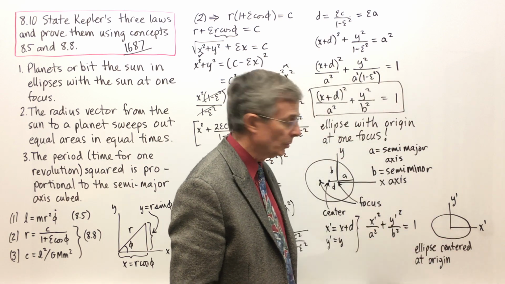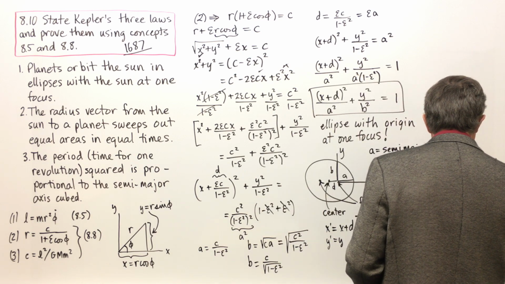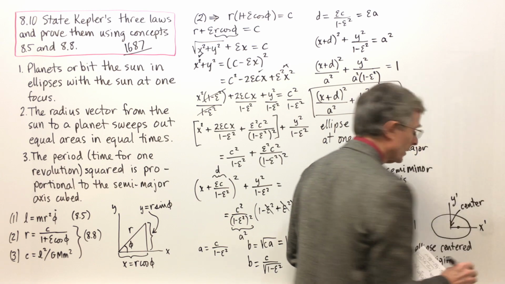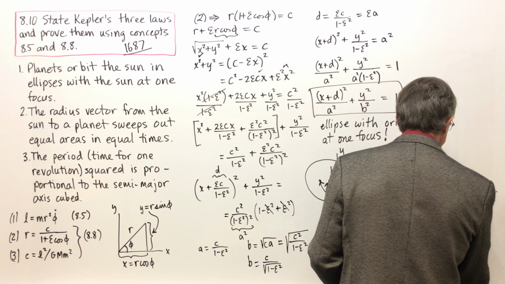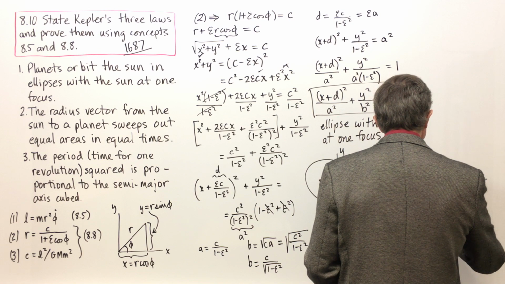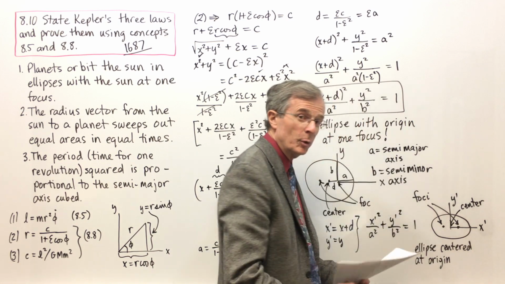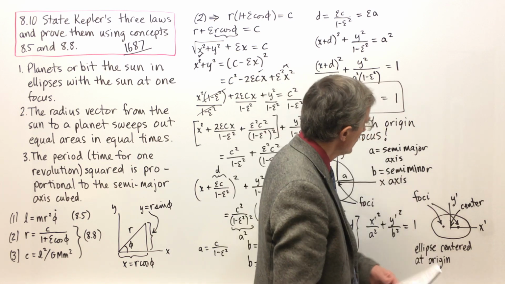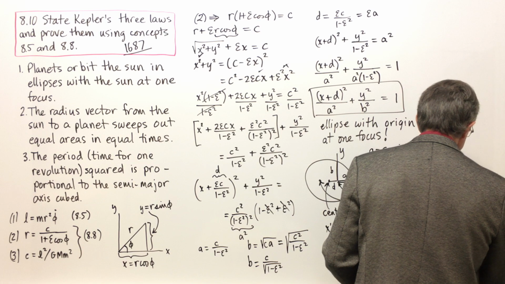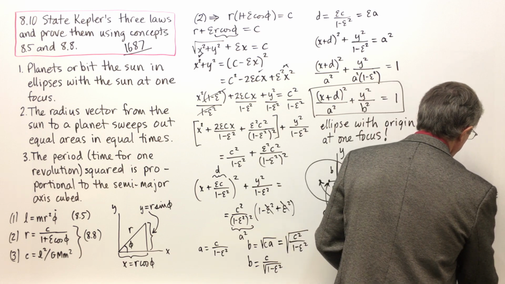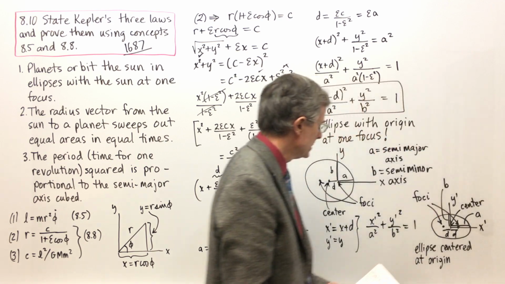You might have seen this in high school geometry. Then the center is right here, coinciding with the original coordinates, and then the two foci, the plural of focus is foci, are a distance d away from the center. a again is a semi-major axis. b is a semi-minor axis.